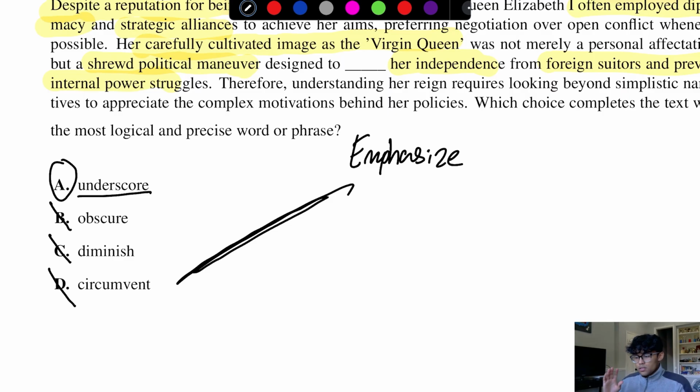Just trust in the process, and if you get a vocab question or two wrong, it's not the end of the world. Don't feel bad if it doesn't immediately make sense or feel correct. Just trust the process. But let's do the next question.